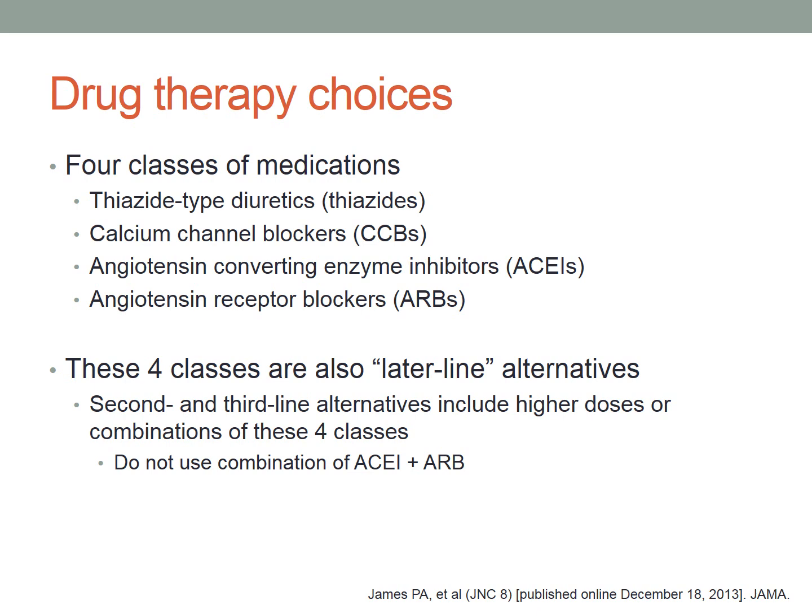I also want to point out that the randomized controlled trials that were reviewed for these guidelines had limited representation from specific non-hypertensive populations. So even though antihypertensives are used to treat people with heart failure or coronary artery disease, those trials were not reviewed for these guidelines.